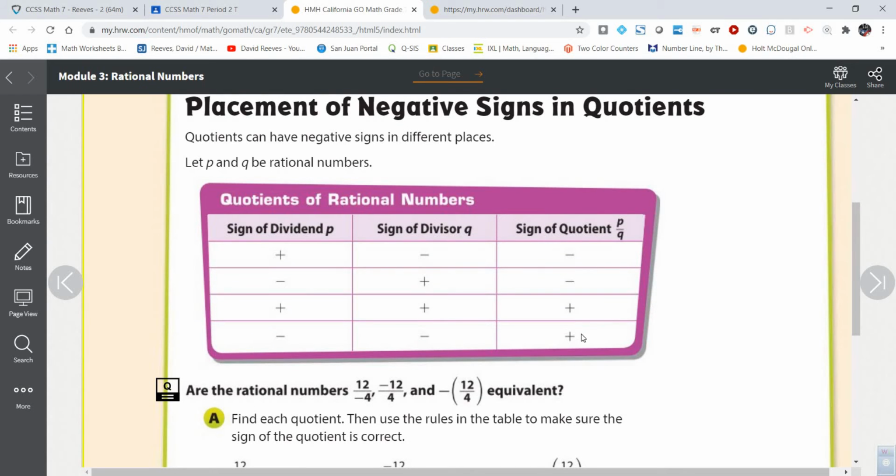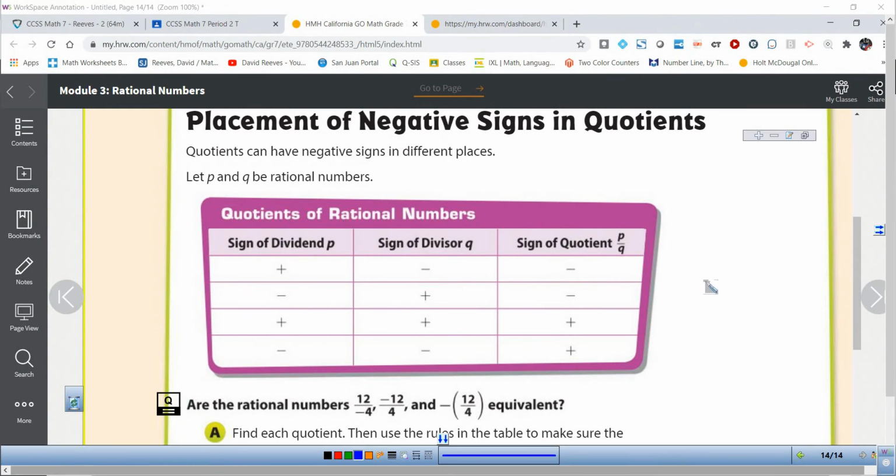Many times we represent division problems as a fraction. There's a number on the top of the fraction, which we call the numerator, and the number on the bottom, which we call the denominator. If we look at this instead as a division problem, as 12 divided by -4, or -12 divided by 4, then we call the top number the dividend, and the bottom number the divisor.